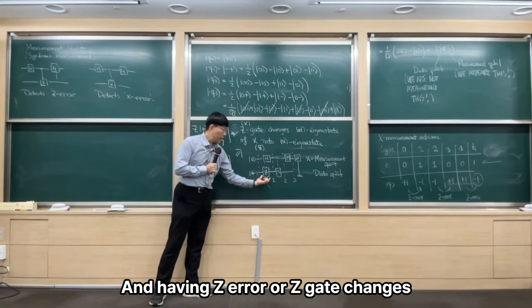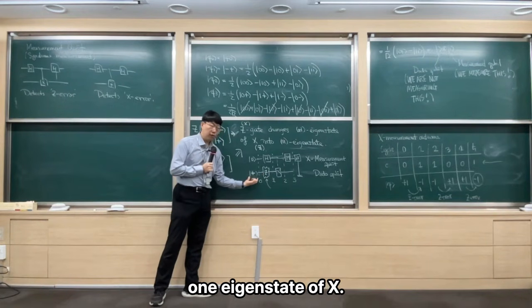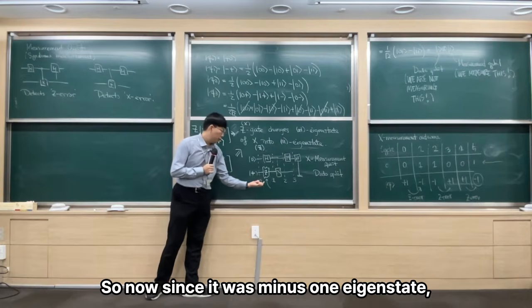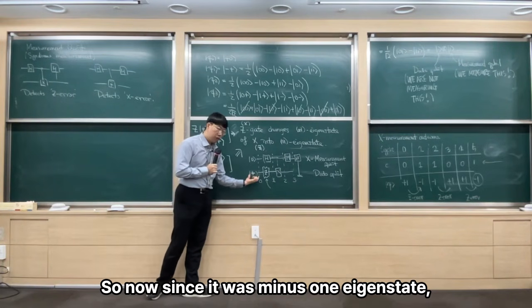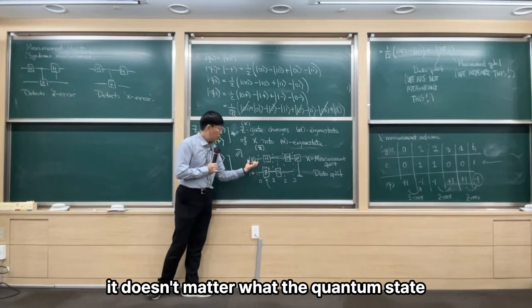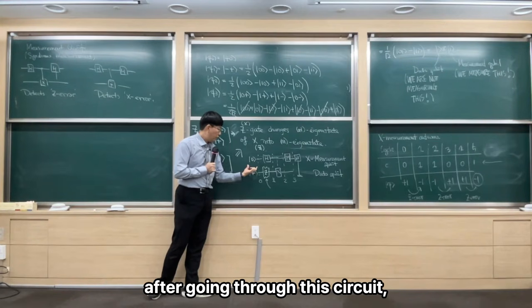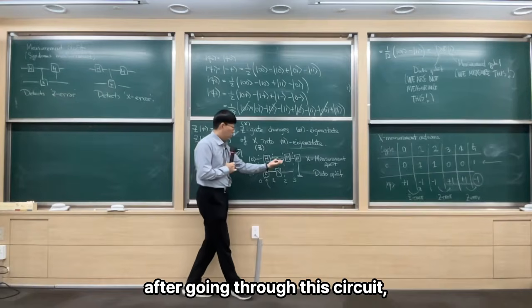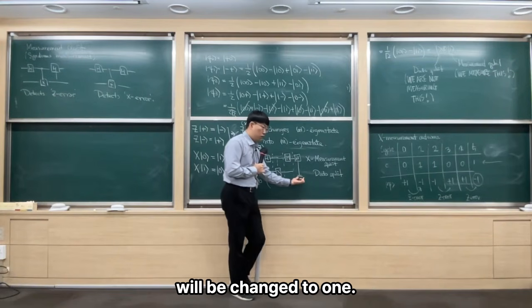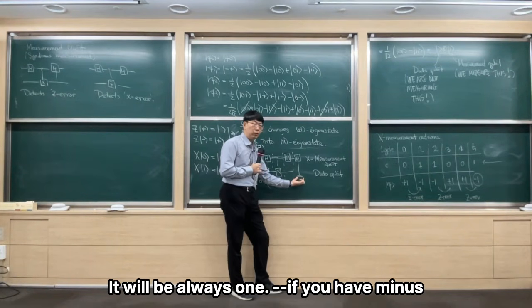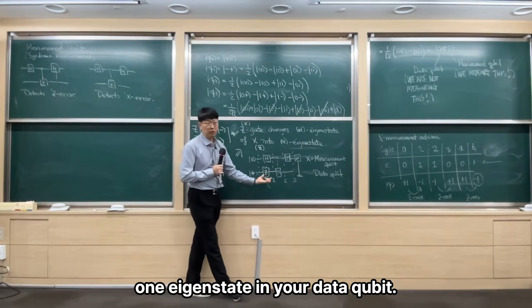And having a Z error or Z gate changes the +1 eigenstate into the -1 eigenstate of X. So now, since it was the -1 eigenstate, it doesn't matter what the quantum state of the measurement qubit was. After going through this circuit, the measurement outcome will be changed to 1. It will always be 1 if you have the -1 eigenstate in your data qubit.